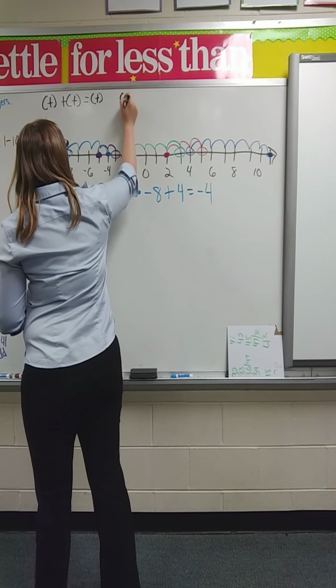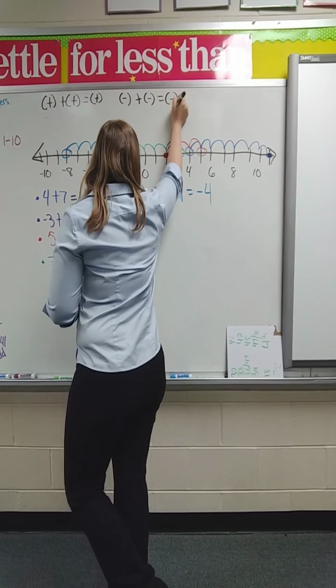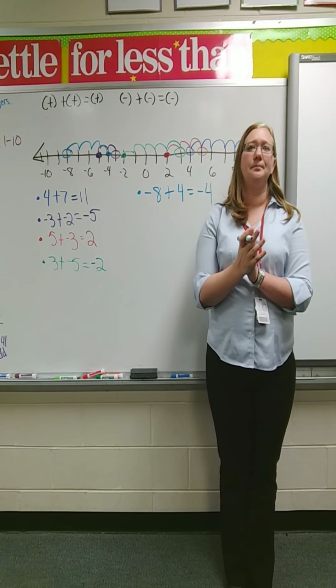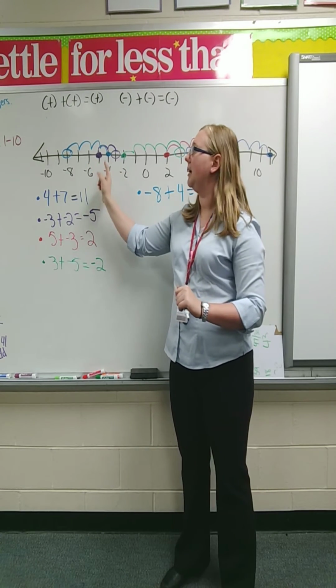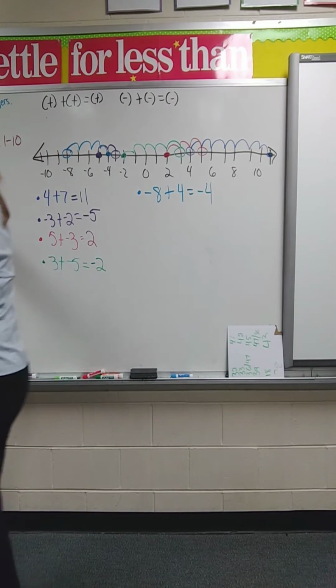A negative plus a negative equals a negative. Every single time. Because if we start on the negative side and we move in the negative direction, we're going to get more negative.